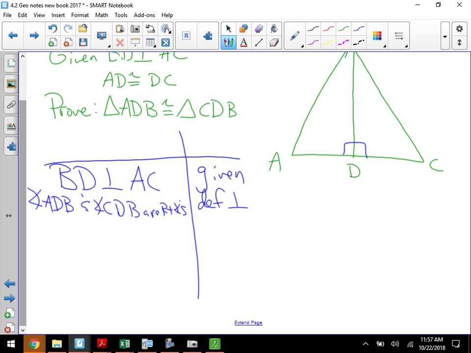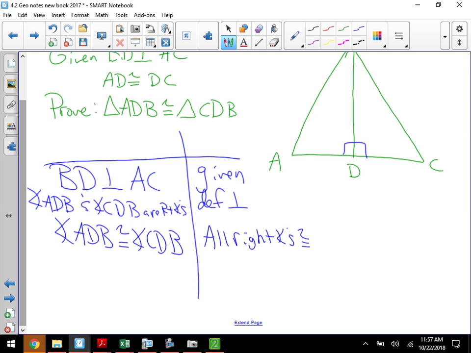So then I write down angle ADB is congruent to angle CDB, because, according to the sheet, all right angles are congruent. They have a shared side.